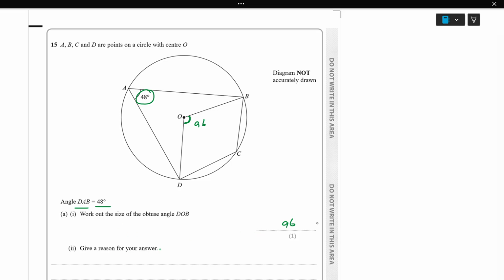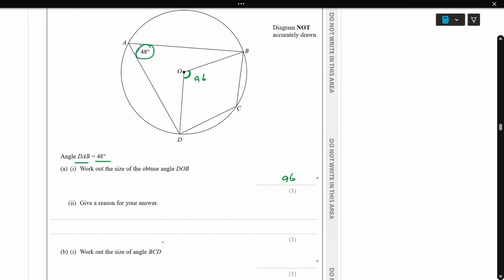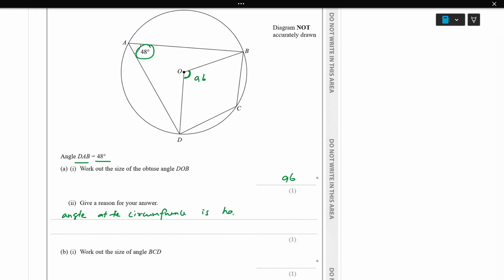Give the reason for the angle: angle at the circumference is half of angle at center.